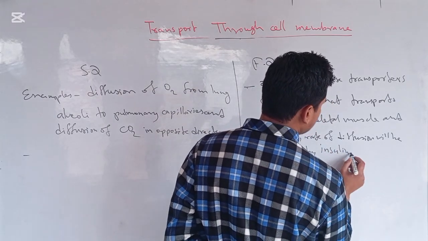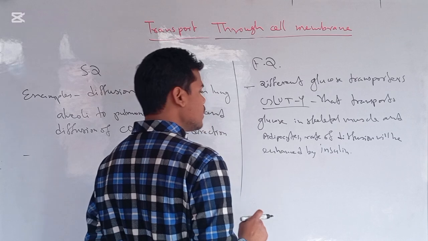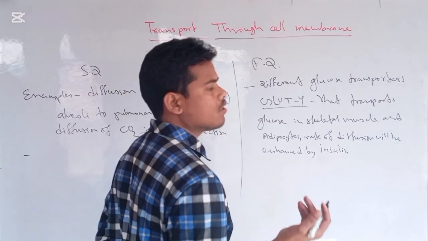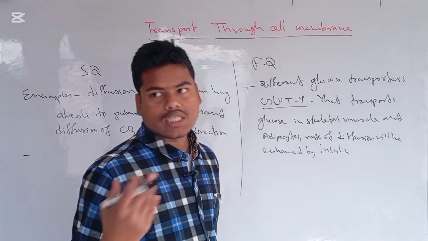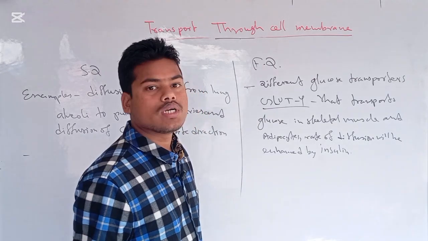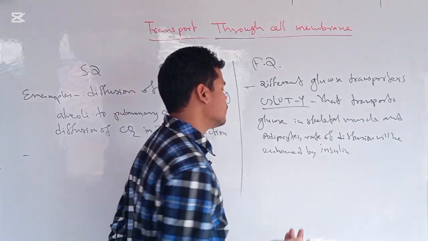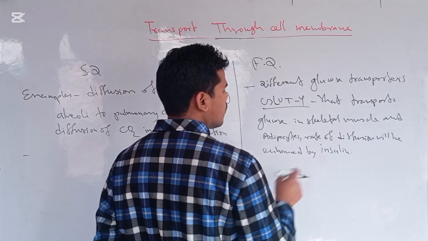And some authorities believe insulin will increase the rate of diffusion by 10 to 20 times more than normal.